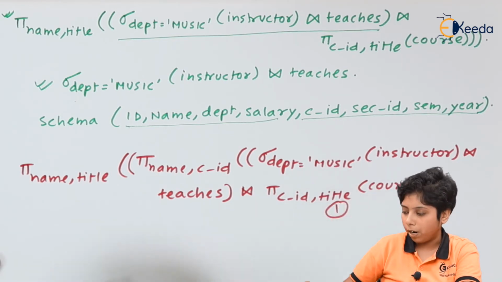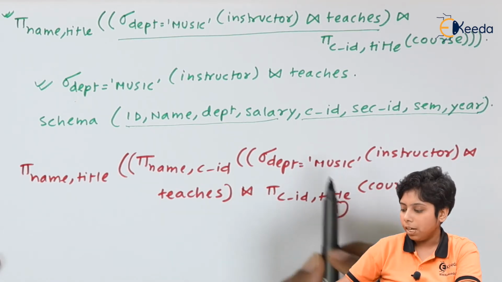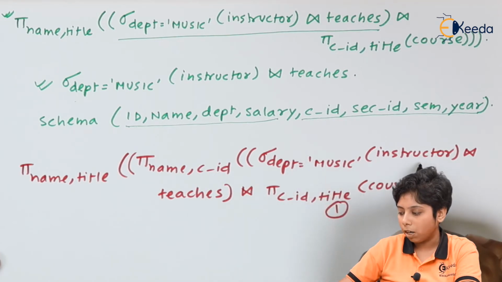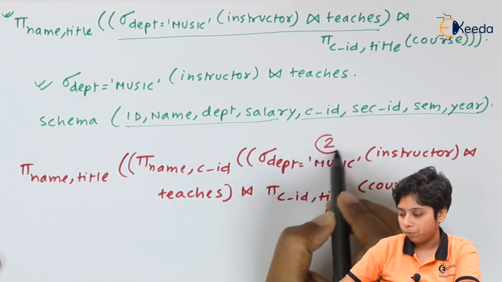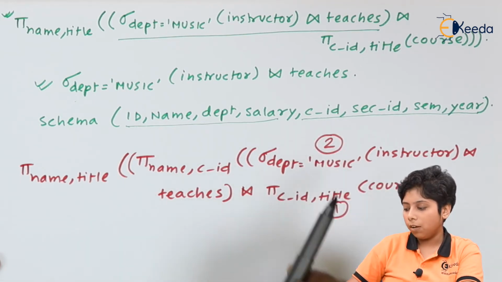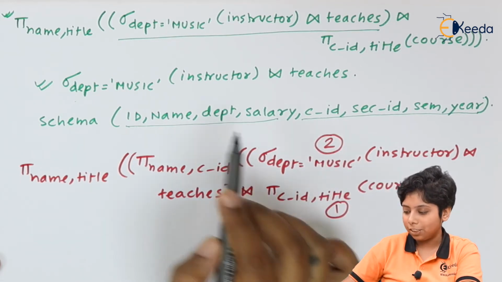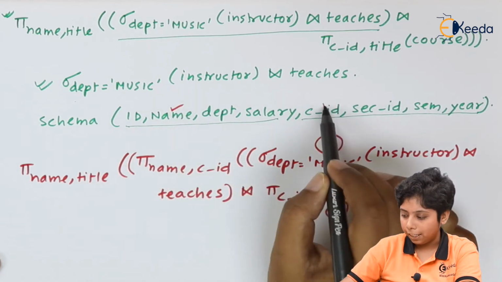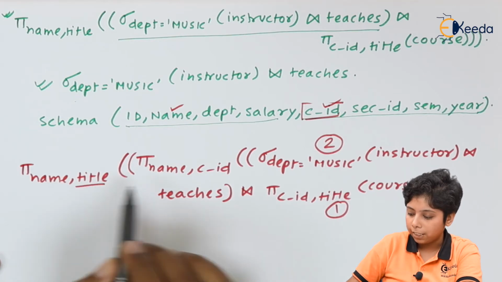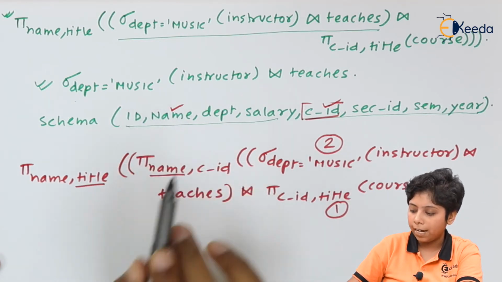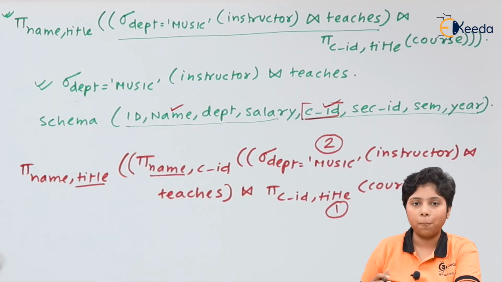So this is number one. Now we have the department music on instructor, and that is joined with teaches. So that is number two. Now we only want from this department and teaches the name and CID, because the CID is enough from this course to generate the title, and the name from the ID on that particular department.